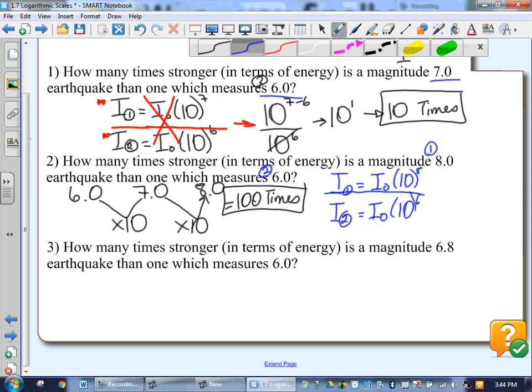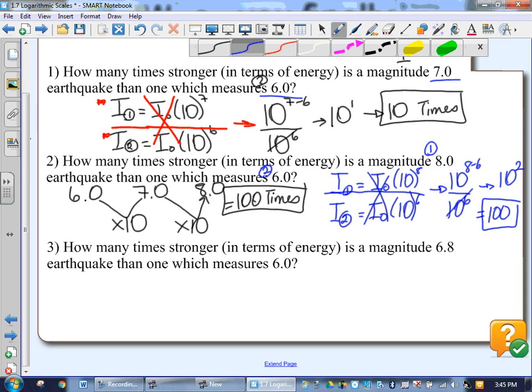My reference intensities will cancel out, and hopefully you're starting to notice a pattern. That leaves me with 10 to the power of 8 over 10 to the power of 6. I have the same base, so I can subtract my exponents, and I have 10 squared, which equals 100. So here, I've proved it.